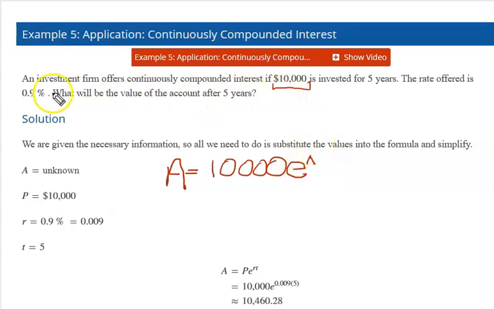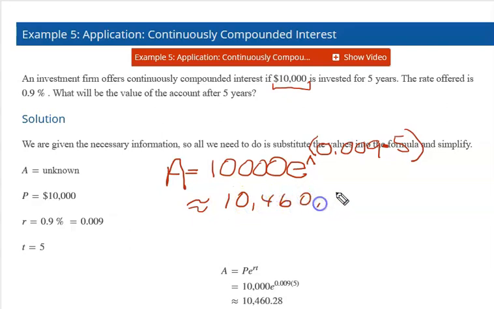And then the rate is going to be 0.9%, so that goes 0.009, converting that to its decimal fraction. And this is going to be times the time, which is going to be 5 years. So just carefully putting that into your calculator, and they want you to round to 2 decimal places, you get $10,460.28.